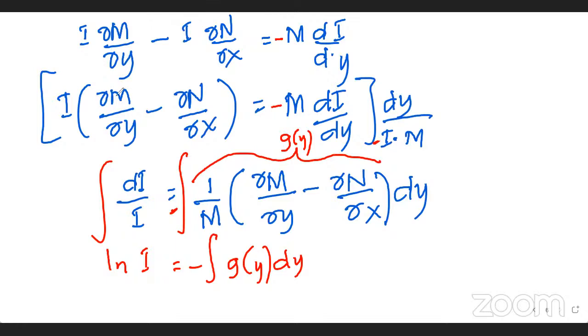So dahil sinunod pa rin natin yung order, kaya magiging negative lang yung integrating factor kapag yung I mo is a pure function of y. So don't forget to include this negative sign. So now we have the integrating factor by taking the inverse of both sides of this equation. So I is equal to e raised to the negative integral of g of y times dy.